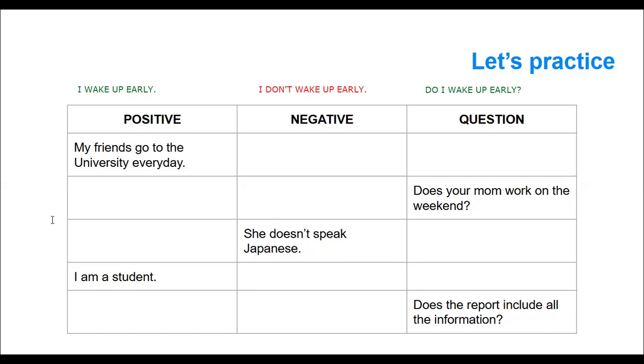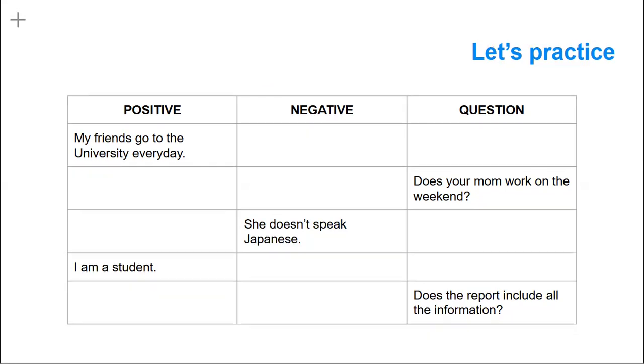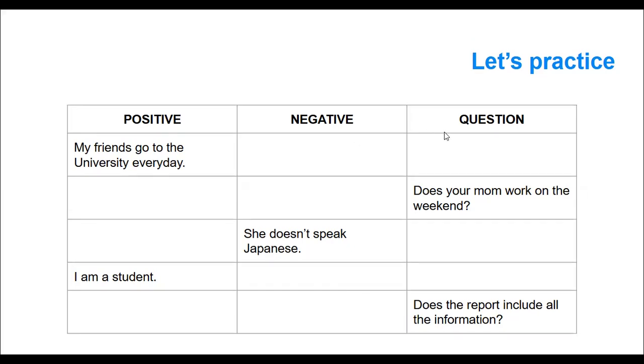Yes, it's clear. Okay, so we're gonna do this. Se los voy a compartir acá para que igual lo puedan tener, pero lo voy a dejar también on my screen. So, what we're gonna do is we're going to complete, right, the chart with the negative and question forms, right?